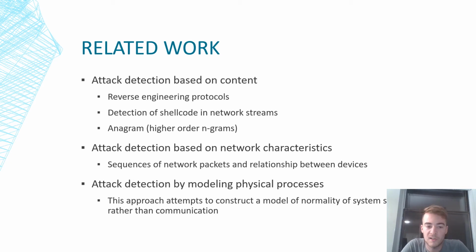But there are other types of anomaly detection other than content-based, such as network-based. So rather than actually looking at the content of the messages, just looking at different network characteristics to try to detect anomalies. And also, since we are talking about industrial control systems, attack detection by modeling physical processes. So rather than constructing a model of normality for communication, it's constructed for the underlying system.